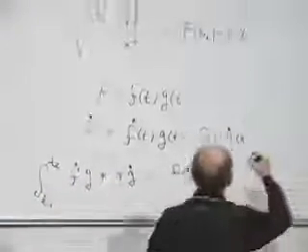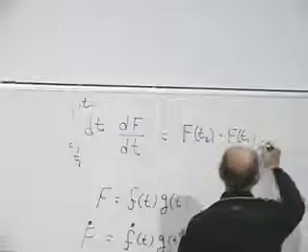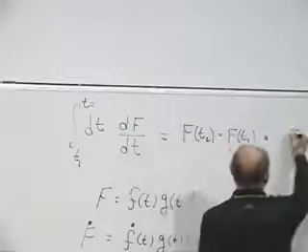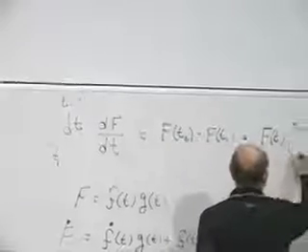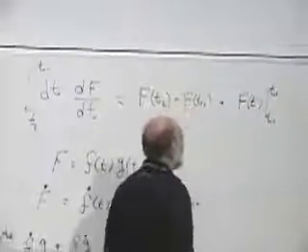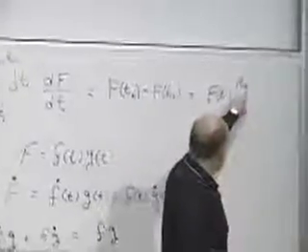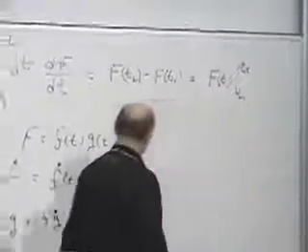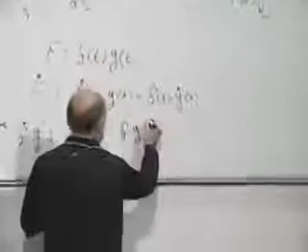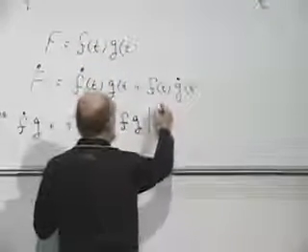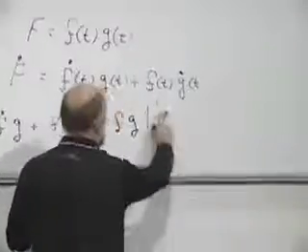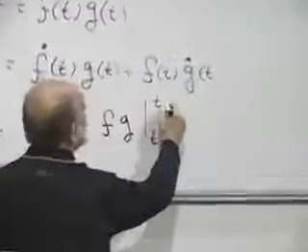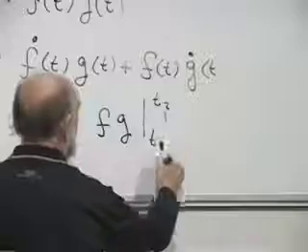Let's make a notation for this. The standard notation for this difference is just to write f of t, t2, t1. That's the standard notation for the difference of a function at two endpoints. So we can write that this is the difference of the product of the functions at the two endpoints. Oops, t1, t2, and t1.